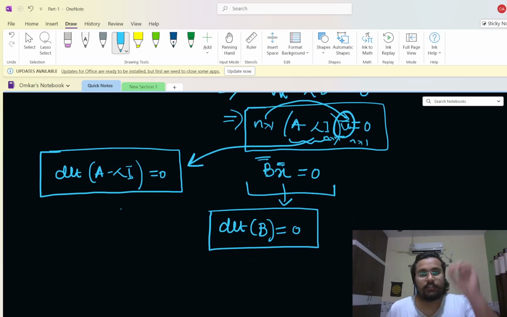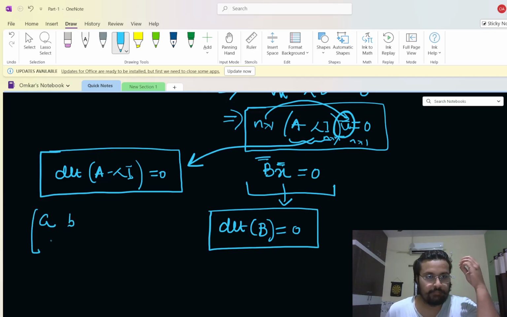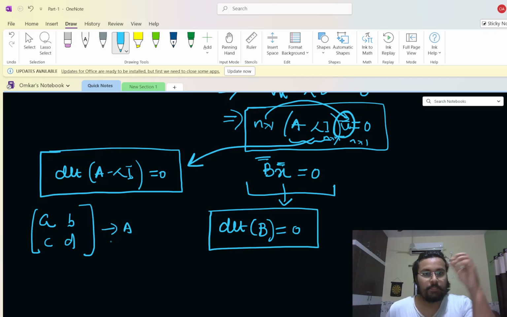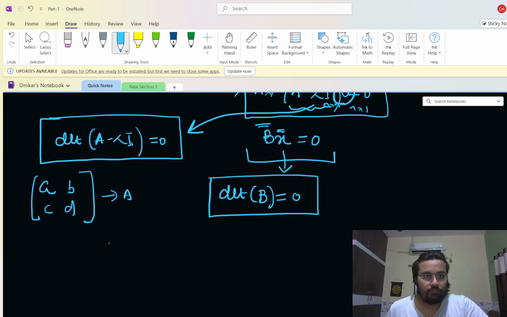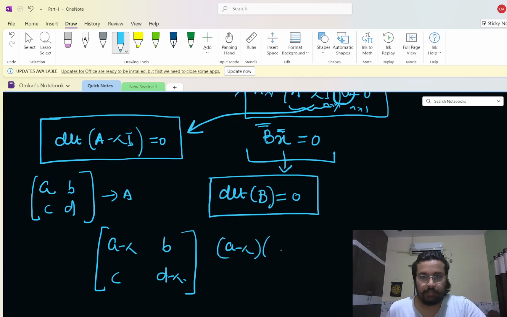The reason being that if you have a 2 by 2 matrix, so let's say you have A, B, C, and D, this is your A, and what this effectively would look like is A minus lambda, B, C, D minus lambda, right? This determinant should be equal to 0. If you try to find the determinant, it's basically (A minus lambda) times (D minus lambda) minus BC equals 0.